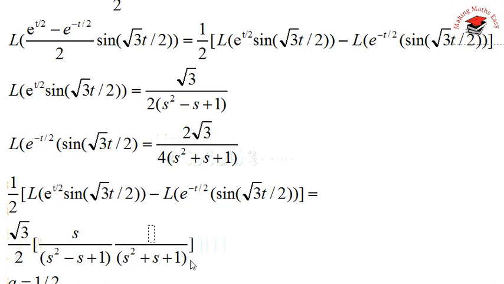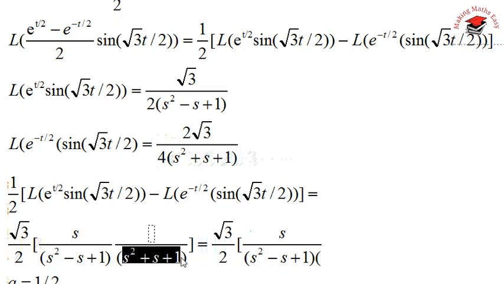So this will be equal to square root of 3 divided by 2 is a constant, multiplied by s divided by s square plus s plus 1 multiplied by s square plus s minus 1. It is one and the same.